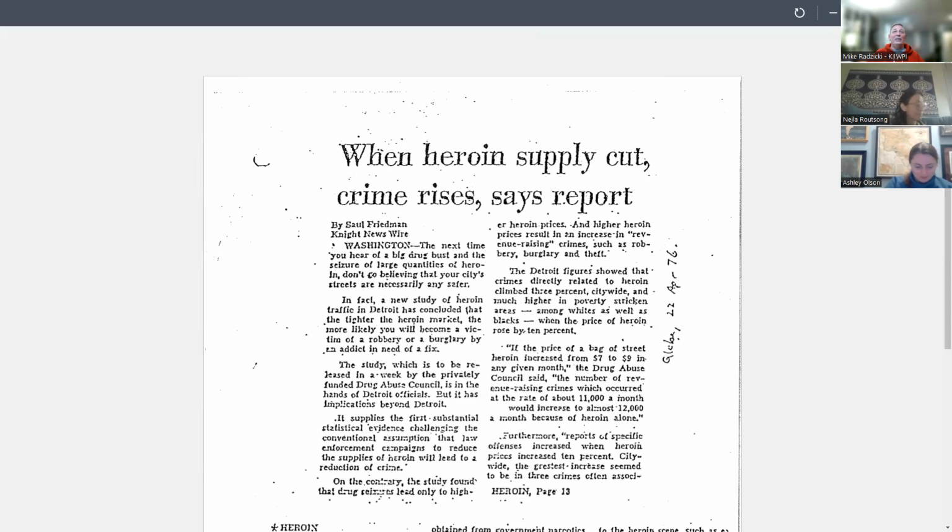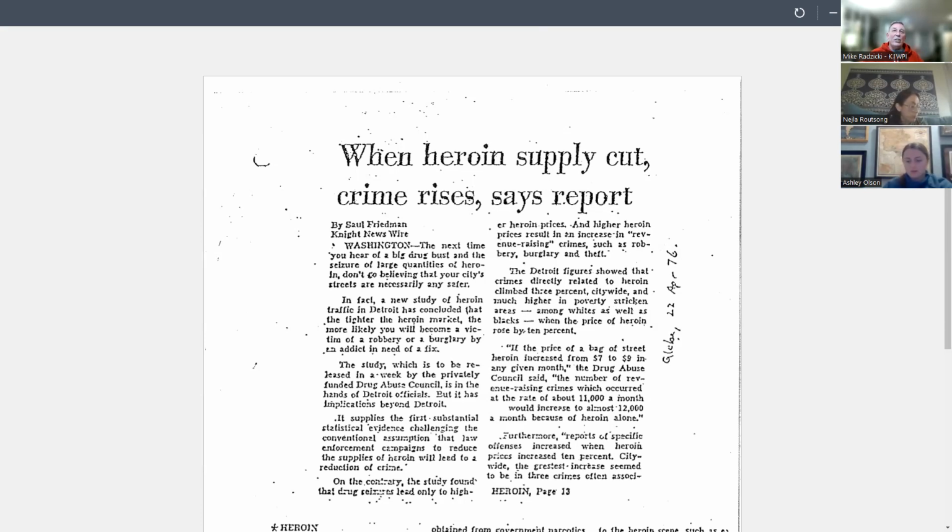What does it say? Well, the next time you hear of a big drug bust and the seizure of large quantities of heroin, don't go believing that your city streets are necessarily any safer. In fact, a new study of heroin traffic in Detroit has concluded that the tighter the heroin market, the more likely you'll become a victim of a robbery or a burglary by an addict in need of a fix.